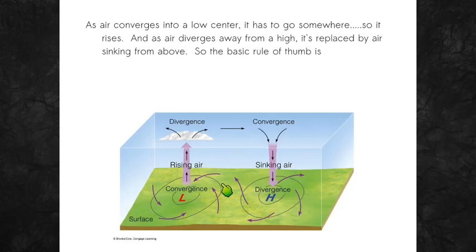And by contrast, if we go over to the high pressure where the air is diverging, now we're pulling the air apart. So we're taking the air that's in the middle and pushing it outwards. And as a result, air is going to be pushed downward from above. It's going to be pulled into the place where you're diverging from. So when we have convergence, we're going to drive the air upwards. And when we have divergence, it's going to pull the air downwards.